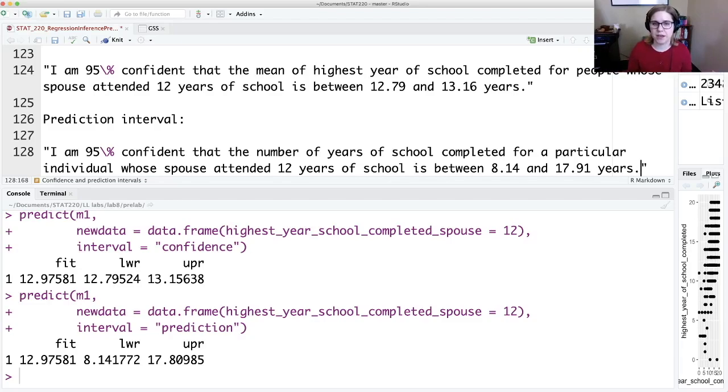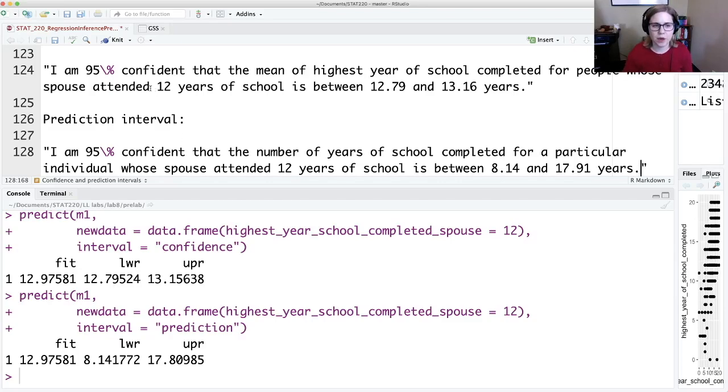Versus if I get to make a prediction about the mean, about a bunch of people whose spouse attended 12 years of school, that's going to balance out the people who just went to elementary school and the people who went on to get PhDs. The mean is always going to kind of hide some of those outliers a little bit. So we can be much more confident if we're going to make a prediction about a mean than if we are about a particular person.